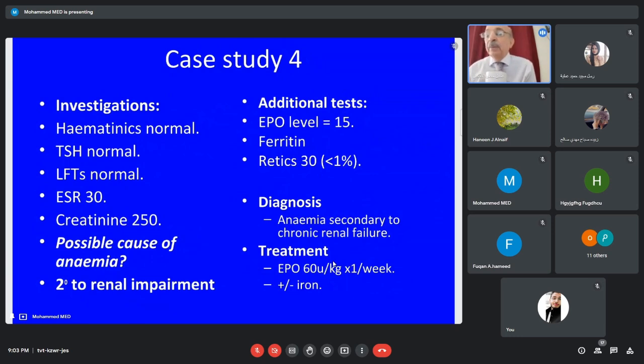And as you know, remember probably from your physiology, RBC formation is controlled by a hormone secreted mainly by the kidneys called erythropoietin. So when the kidneys are diseased, not an acute disease, but a chronic kidney failure, chronic renal failure can cause anemia. And in this particular patient, the erythropoietin was low. Okay, so the diagnosis is anemia secondary to chronic renal failure, and the treatment is erythropoietin and injectable iron.